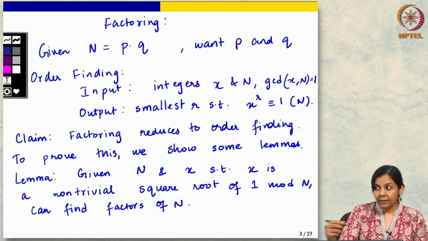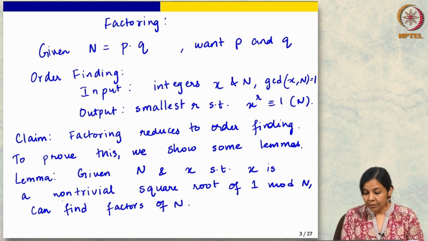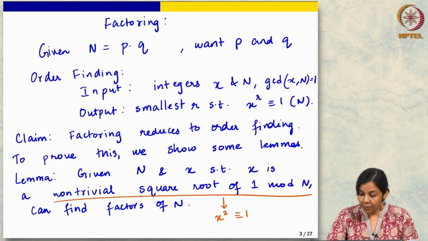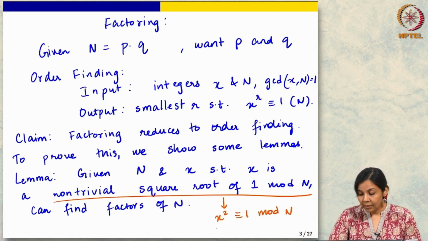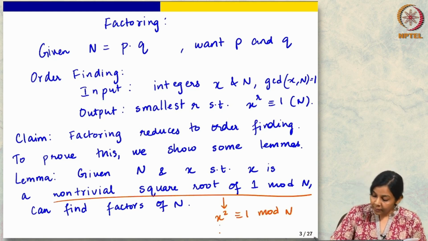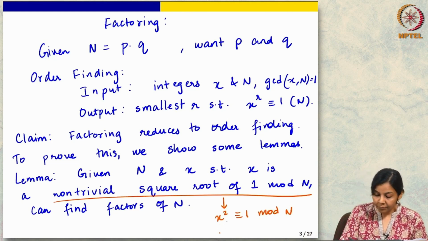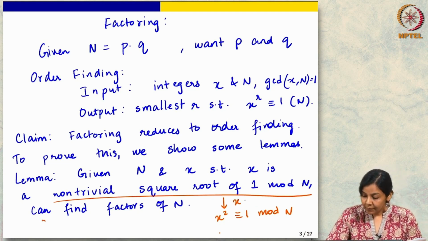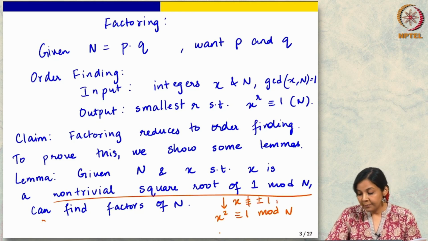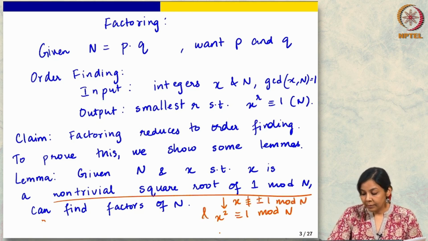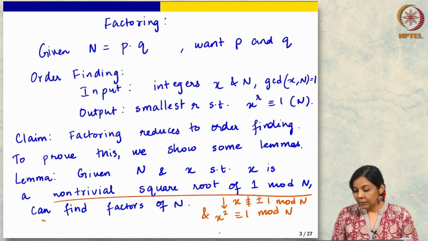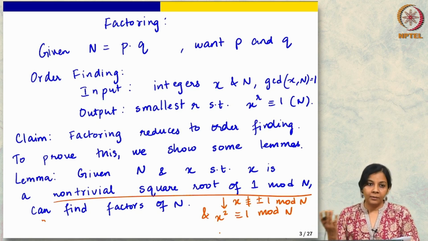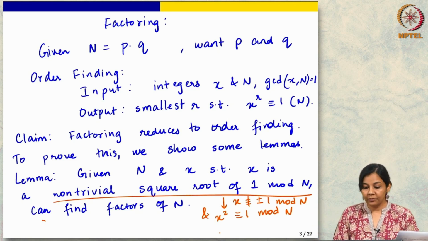Now, note that non-trivial square root of 1 mod n means what? It means that x square is congruent to 1 mod n, but x is not equal to plus minus 1 mod n. A square root of 1 mod n, the trivial ones are plus 1 and minus 1. So, it is not that.